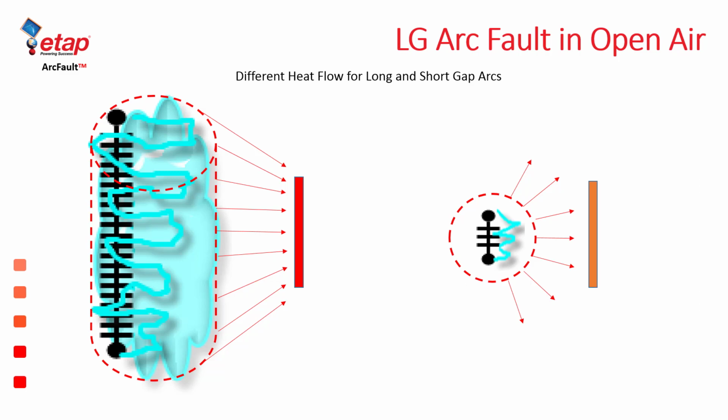Even for similar amounts of fault current and fault durations, a shorter gap length arc will emit less energy towards the unit surface at the same working distance as the previous case on the left hand side. The end result is that the heat flux of longer arcs will be greater than the heat flux of shorter gap length arcs.